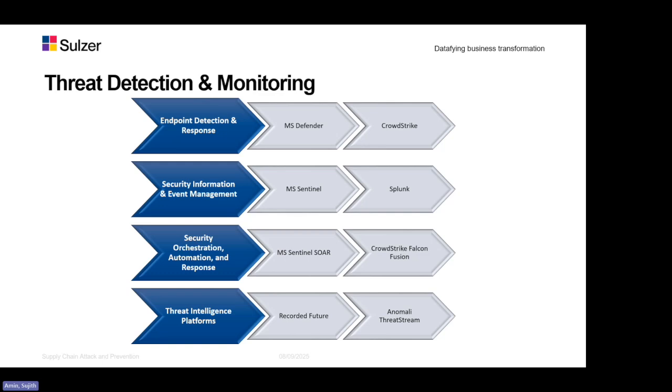By using these tools, you can automate the scripts to handle and monitor the attacks happening in your application. For the threat intelligence platform, you can use Recorded Future and normally ThreatStream tools. So these are the tools which are used for detection and monitoring the supply chain attacks.